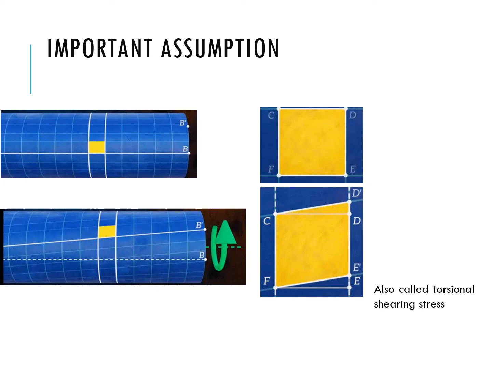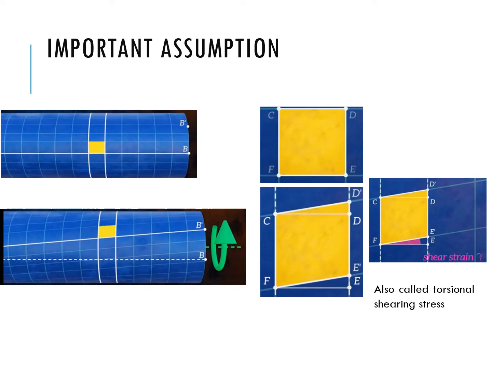But you can observe that theoretically the movement of point E to E dash is the same as point D moving to D dash. This is our assumption. And this movement angle, the angle EFE dash, is called shear strain. So what we conclude is that the plane segment remains plane.